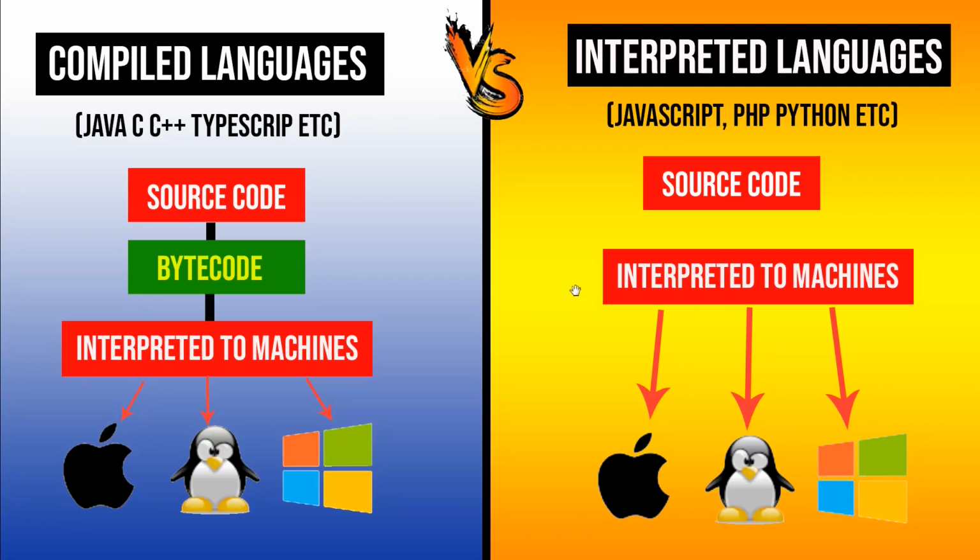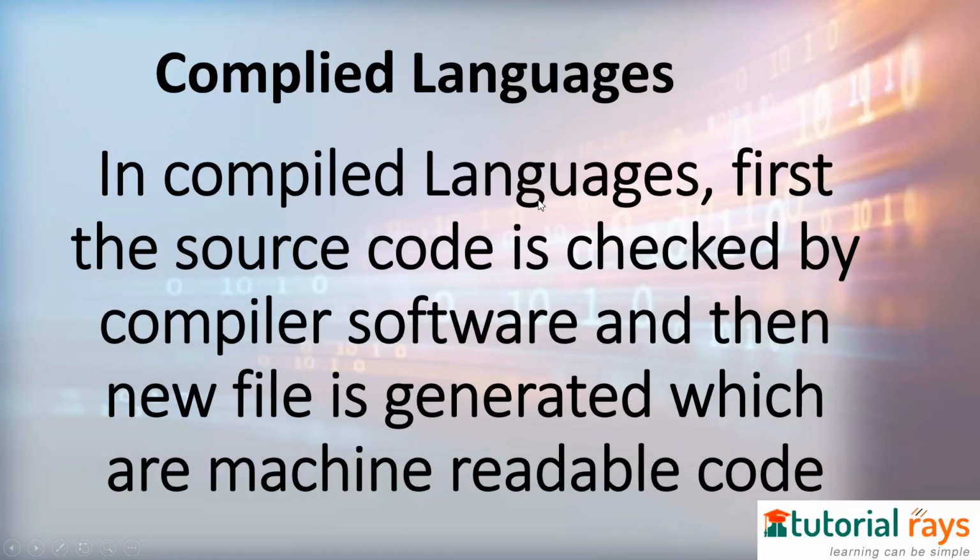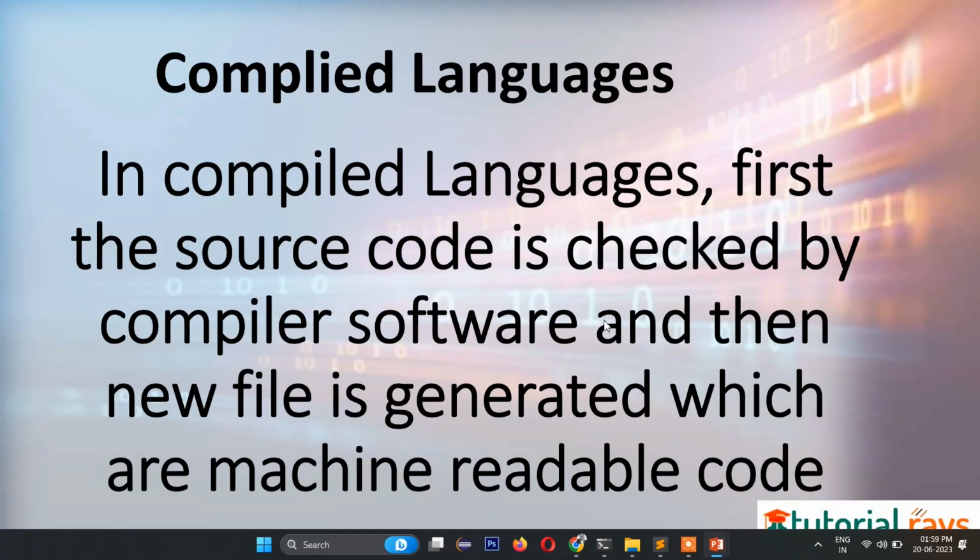So let's see further. Okay, so what is a compiled language? In compiled languages, first the source code is checked by the compiler software, and then a new file is generated which is machine readable code. So you can understand here what happens. First, the source code is checked by the compiler software.